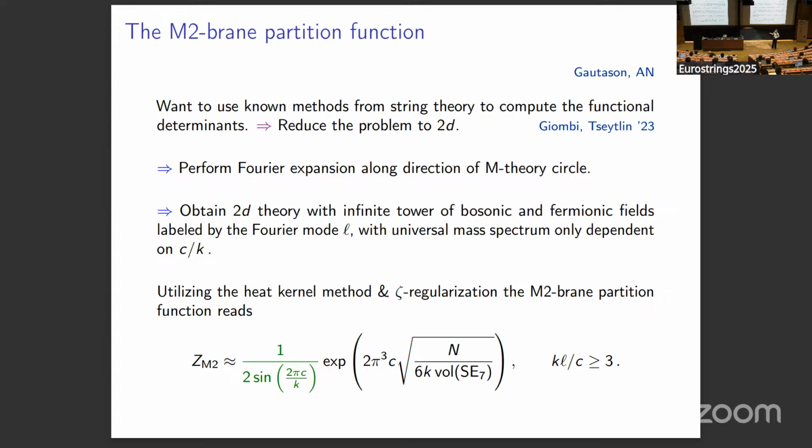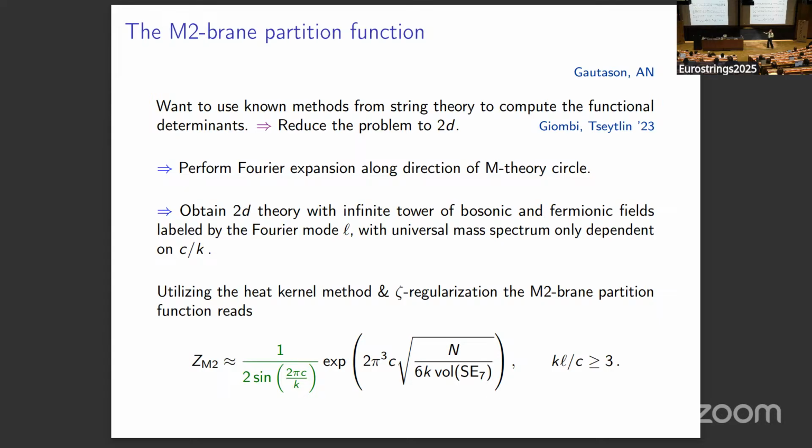And then, in order to reduce your problem to 2D, what do you do? You do a Fourier expansion along the direction of your M-theory circle, which is quite natural, right? Because if you reduce over the circle, you also get back the 2D picture when your mode is 0. So you get a 2D theory with an infinite tower of fields, bosonic and fermionic, and you have to sum over them, right?